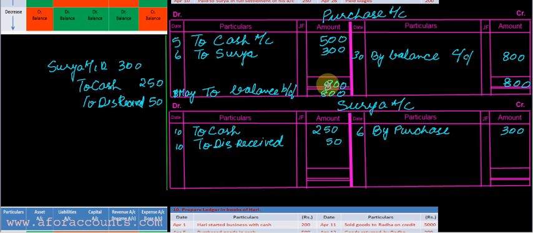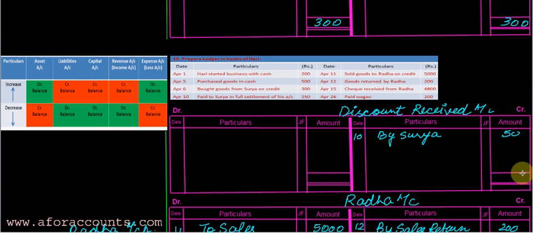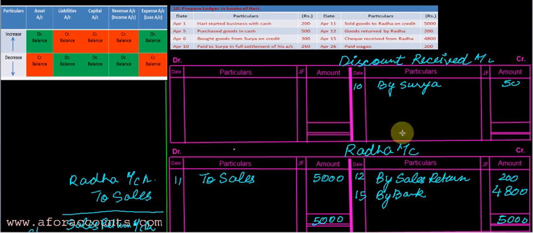Check for Surya's account. 250 plus 50 is 300, and here also 300. No balance. Discount received account. This total is 50 here. I need to put 50 here so that the total will become 50.